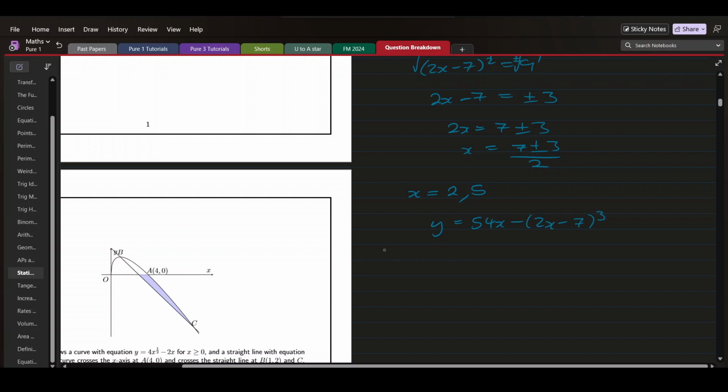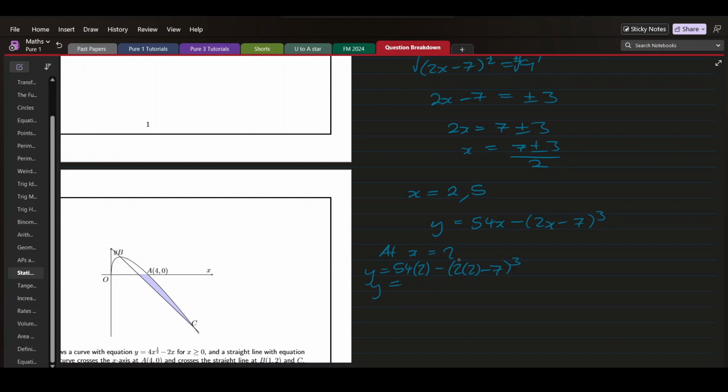So let's evaluate at x is equal to 2. y is equal to 54 times 2 minus (2 times 2 minus 7) cubed. Let's punch this into the calculator, 54 times 2 minus (2 times 2 minus 7) cubed, that's 135.